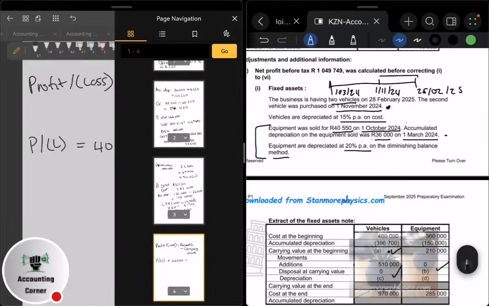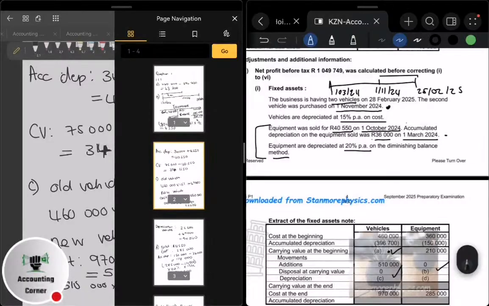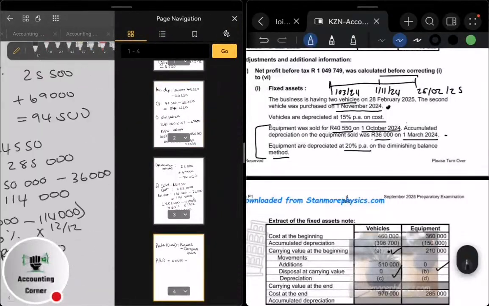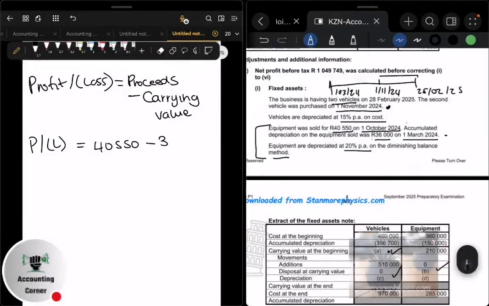Let's see, equipment sold. The carrying value was 34,450.